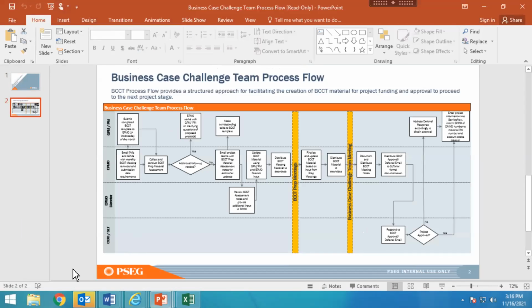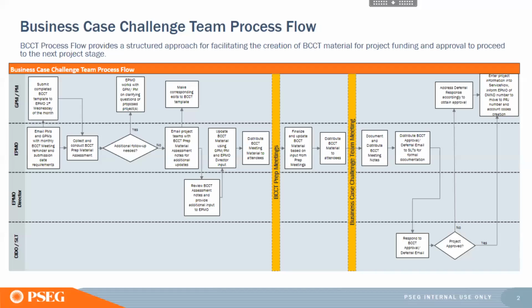There's a nice workflow here that shows you the process that I just explained, where you get that email, you submit it. The IT EPMO does the review, then you go to the pre-meeting, and then you have your meeting. So like I mentioned, make sure you go through those folders and find these nice tools that are out there that describe the process.